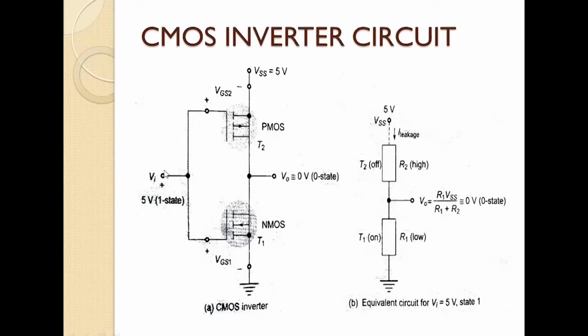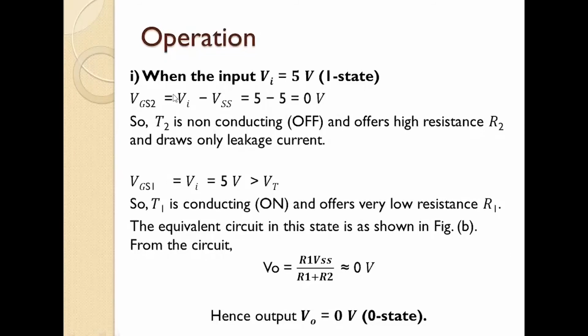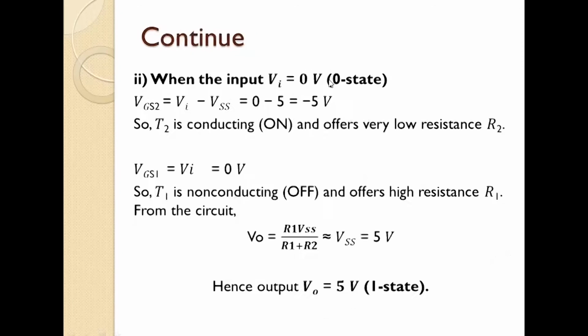VGS2 is nothing but Vi. See, when the input Vi is equal to 5 volt or 1 state, VGS2 equals Vi minus VSS. VGS2, the voltage across gate and source terminal, is nothing but your input voltage Vi minus VSS.